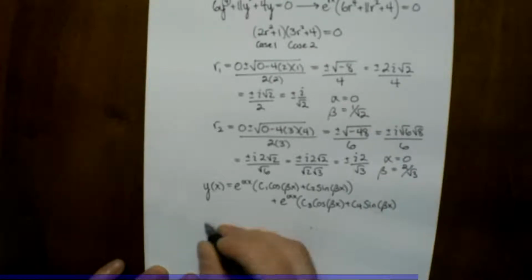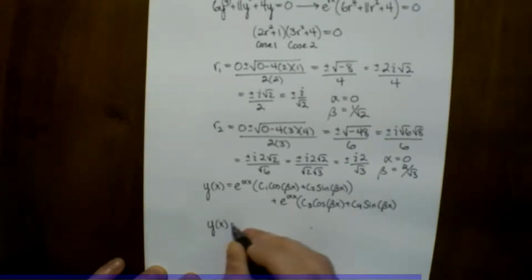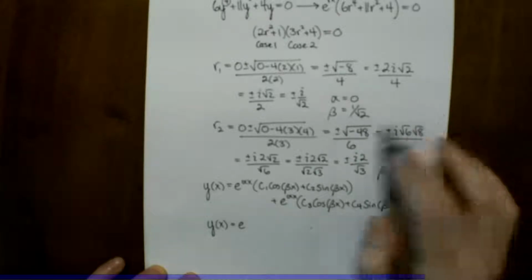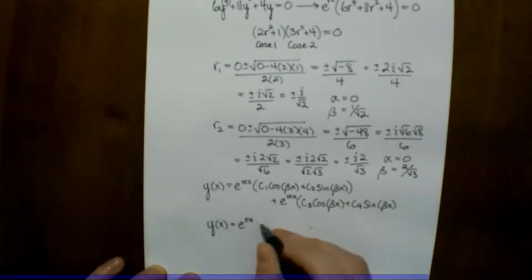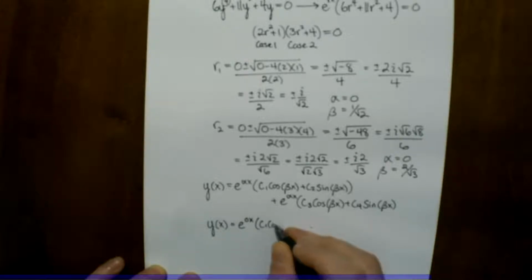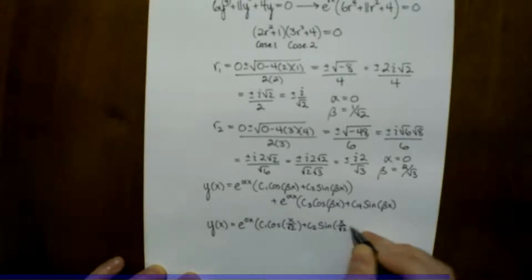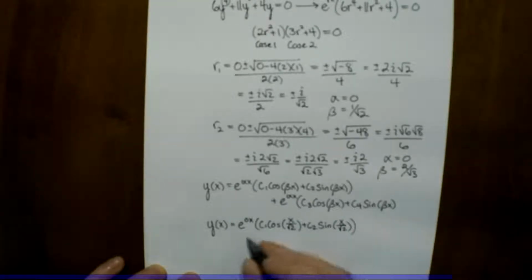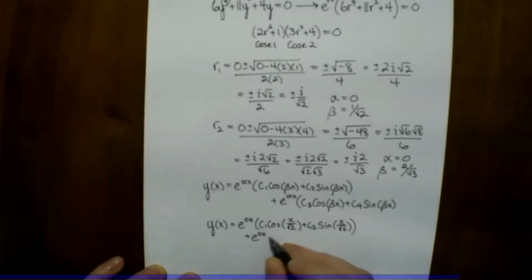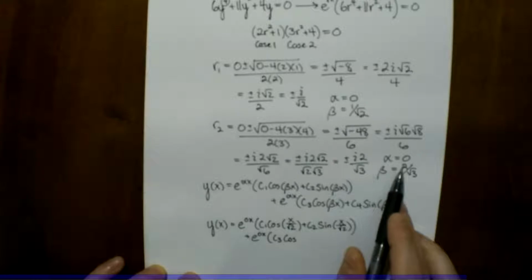So our form for y of x, in this case, will be given by e to the alpha 1 x, so that is 0x, times the quantity c1 cosine of beta, which in case 1 was 1 over the square root of 2, so we have x over root 2, plus c2 times the sine of x over root 2, and then addressing the second case, plus e to the alpha 2 x, which is again 0, so 0x, times the quantity c3 cosine of beta 2, so that is 2 over root 3.